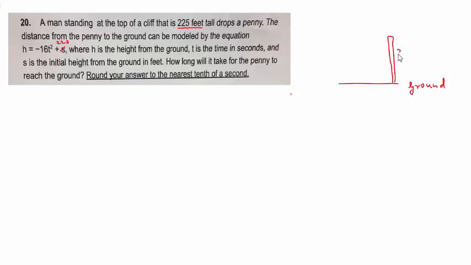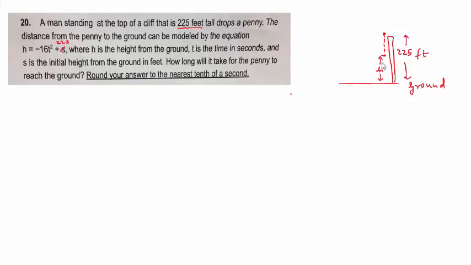So from this 225 feet cliff, the man drops a coin. The coin falls down, and its height above the ground at a certain point in time, this is what we refer to as the h in this equation.